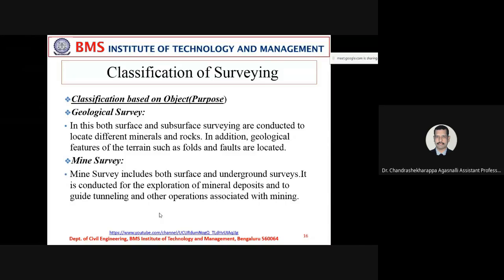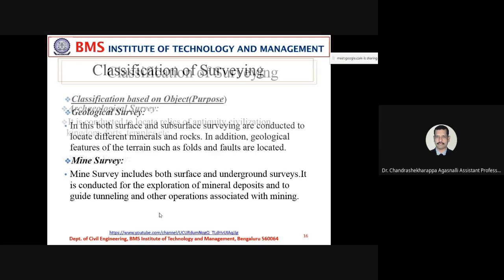And mine surveying includes both surface and underground surveys. It is conducted for exploration of mineral deposits and also to guide the tunneling and other operations associated with mining. This is how the classification can be done.